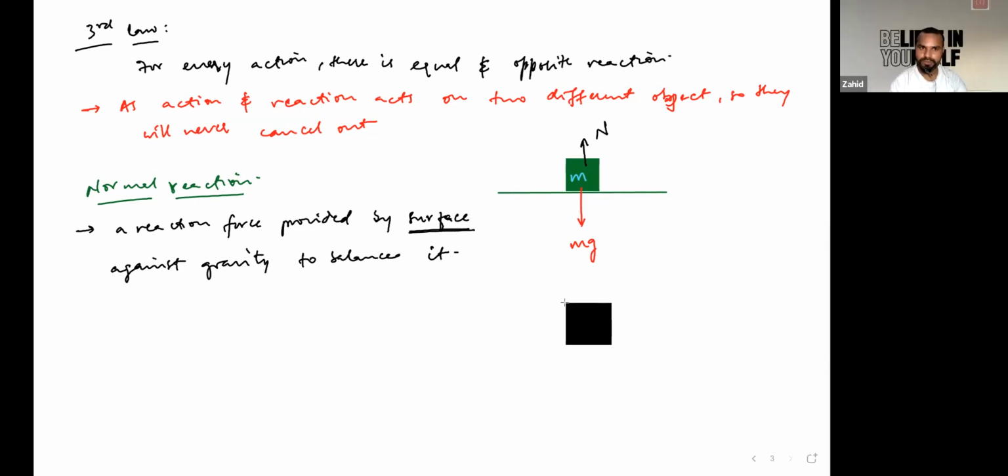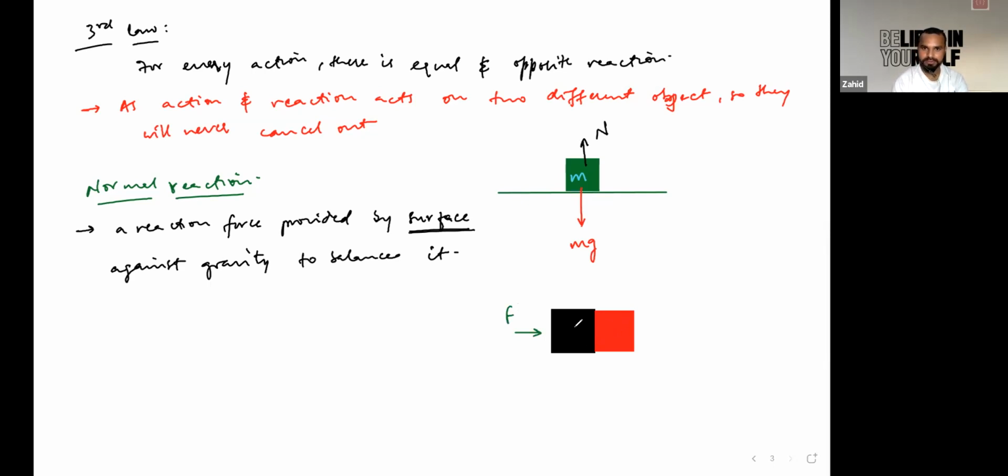There is one more concept of this normal reaction. Let's say you have a block like this, and there is another block attached to it like this. When you apply a force at this point, let's say F, this block would move forward, so it must apply a force to this block due to its surface in contact at these two points.